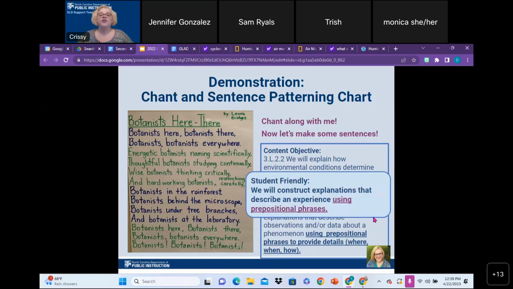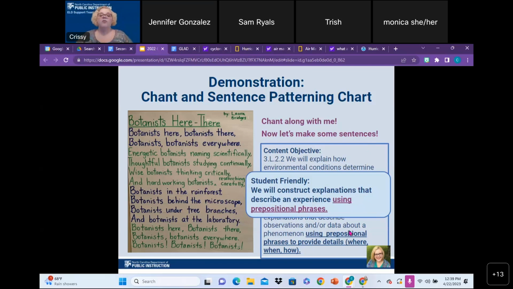And I'm going to show you, one thing we've also been doing is I want to show you what a student-friendly language objective looks like. So of course, these are objectives for us. They might go in our planning book, but when we introduce these objectives to students, we want them to be in student-friendly language.